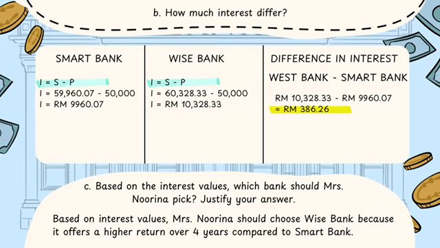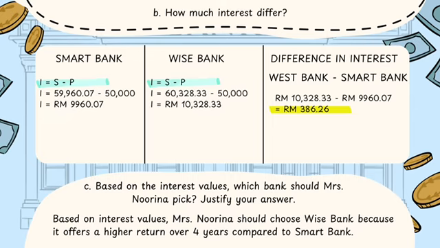The difference in interest is Wise Bank minus Smart Bank: 10,328 ringgit and 33 cents minus 9,960 ringgit and 7 cents, which equals 368 ringgit and 26 cents.